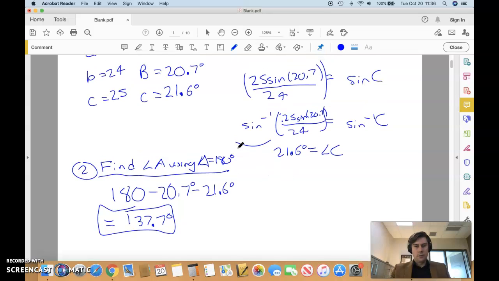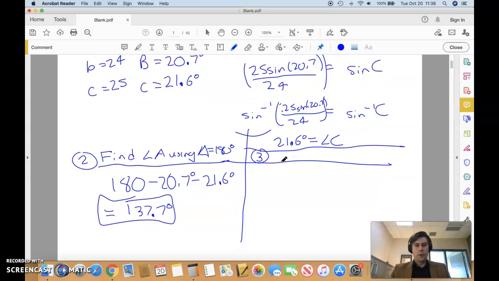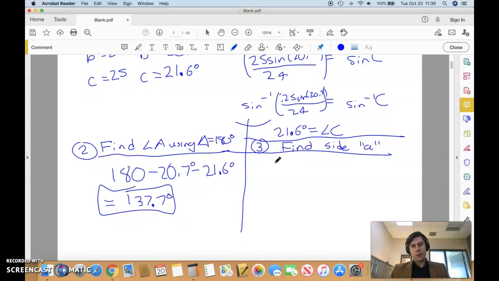Last thing we're going to do is find side A. So we're going to set up the sine ratio, or sine law. We have A over sine A equals, I'm going to use B, because that's the original one given.